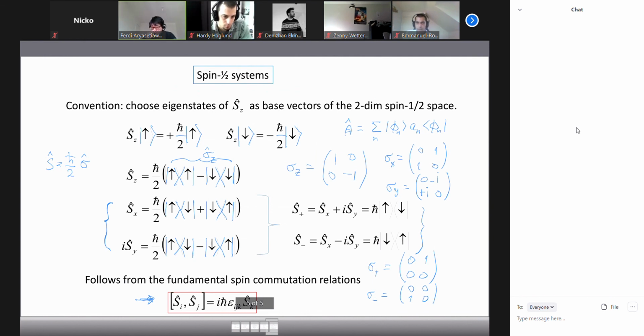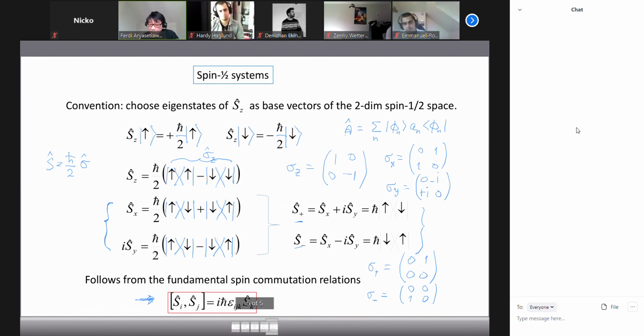So kind of easy to remember. Of course, the S plus and S minus and the Sz are equivalent to Sx, Sy, and Sz. Yes, because S plus and S minus are just linear combinations of Sx and Sy. So we can always go from one to the other. Okay, so these are the basic properties of the spin half.